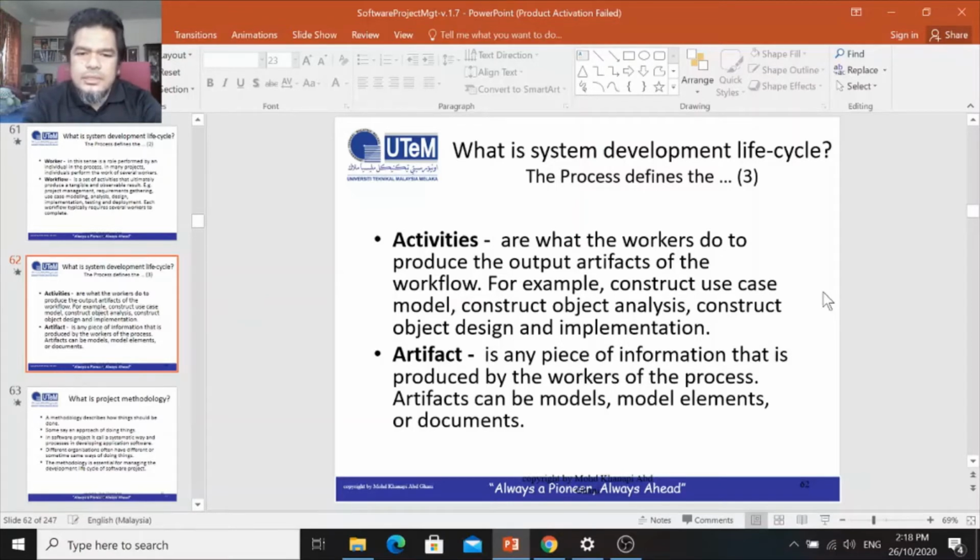All of this is designed by using a tool, for example, UML modeling, unified modeling language diagrams, and then you have to keep the information for future reference.